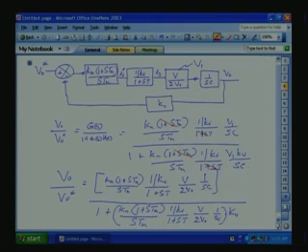Now, let us expand this one. These are simple mathematical manipulations, but we will write them down.